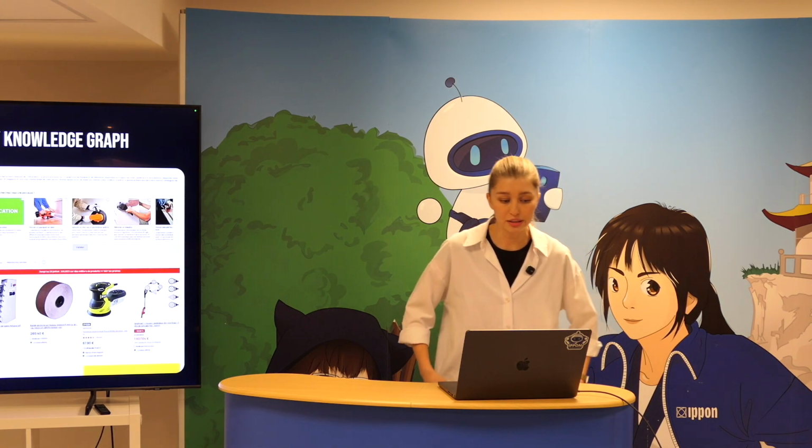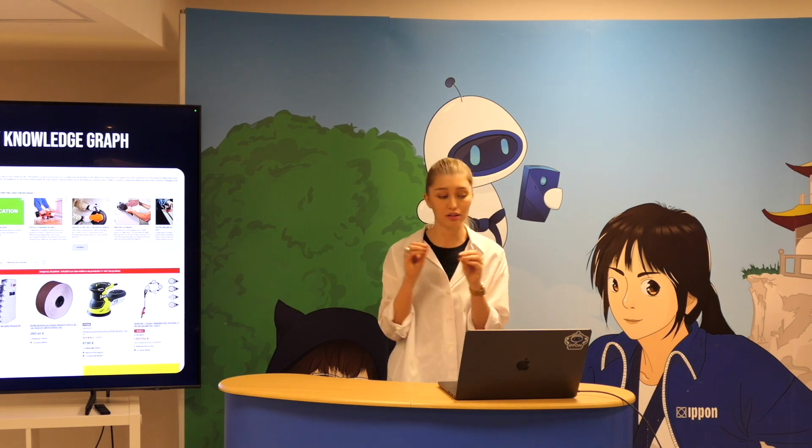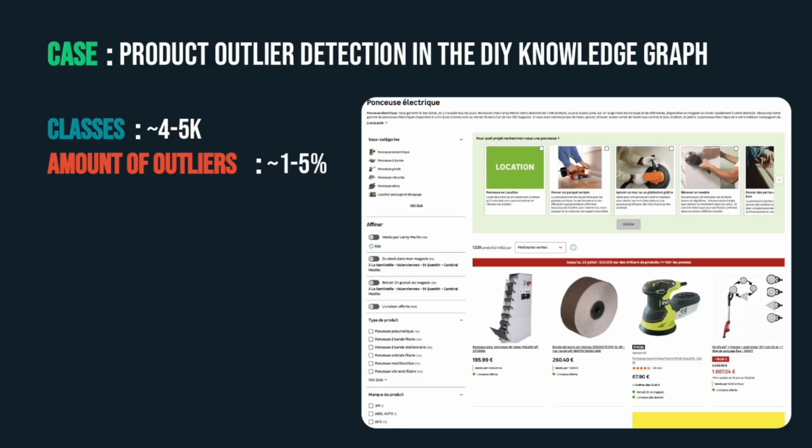The first part is that we started with a little piece of the knowledge graph, only with one type of concept. It's nature of product. It's about 4,000 or 5,000 concepts. And the business estimation is that we have from 1 to 5% of outliers in it. What is an outlier?